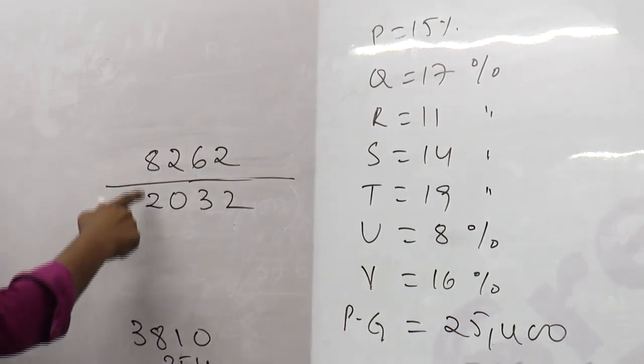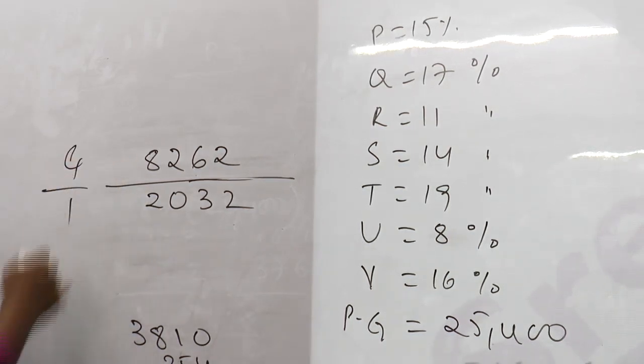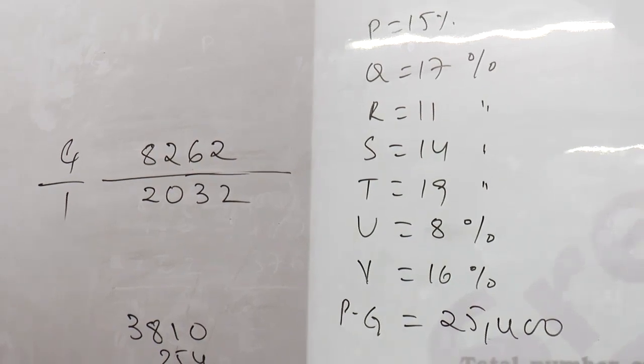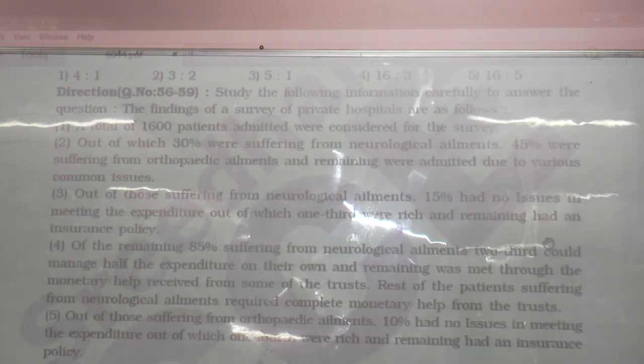This is 4 times of denominator, would be 4/1, 4:1. Right.